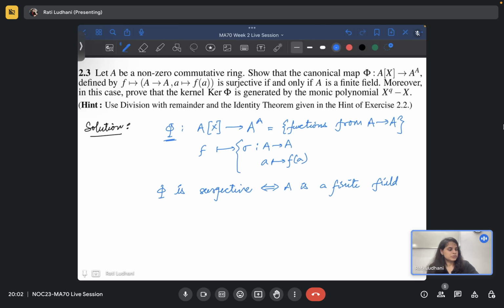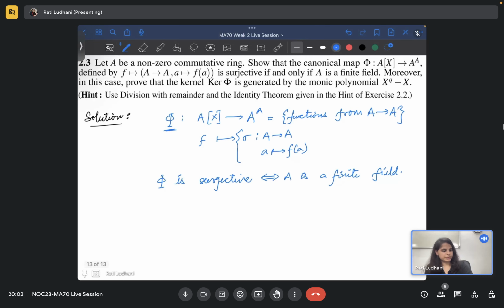So, for example, you can try to prove that if A is a finite field, then you need to prove that if you consider a function, then it can be represented by a polynomial.